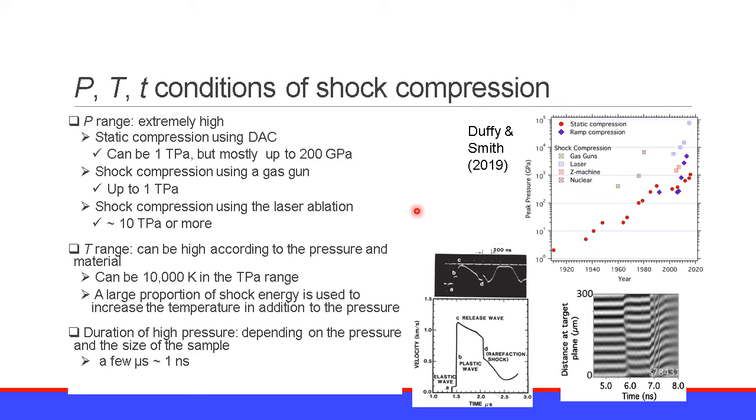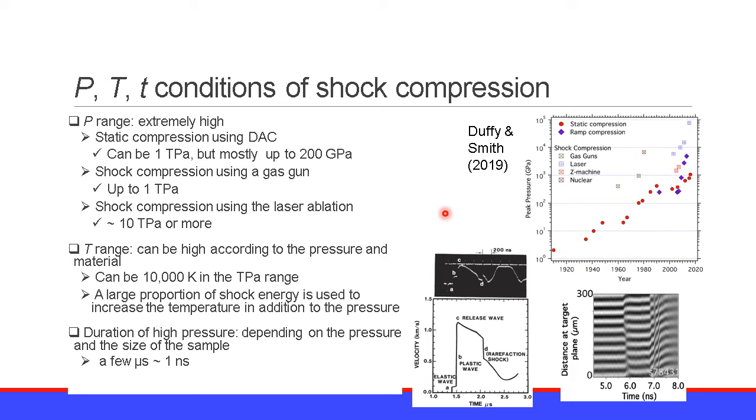So recently, the world record of the static diamond experiment reaches about 1 terapascal, but mostly the pressure range of diamond anvil cell is 200 GPa. On the other hand, shock compression using gas gun, which is expressed by this one, is reasonably rich 1 terapascal.